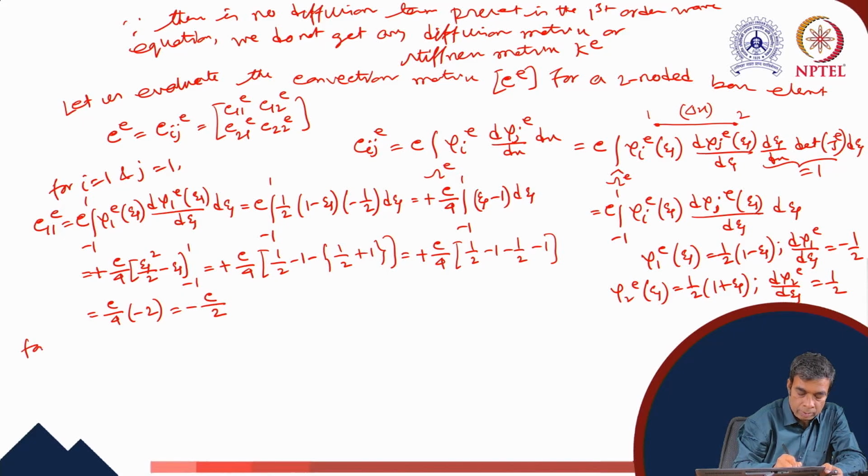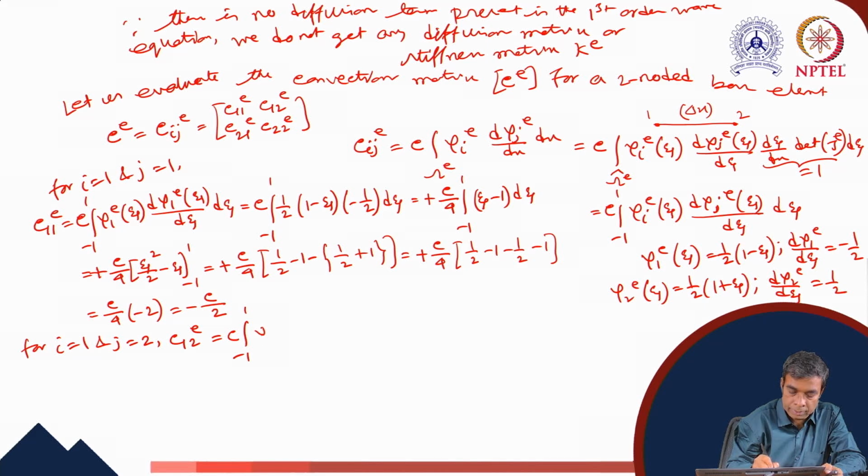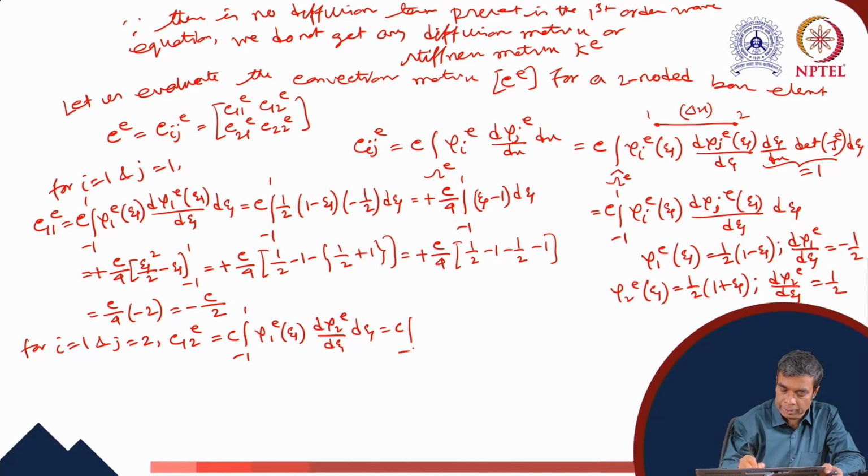Similarly, for i equals 1 and j equals 2, we get C12e equals C integration from -1 to 1 of psi 1e times d psi 2e d xi, which equals C integration from -1 to 1 of half of 1 minus xi into half d xi.